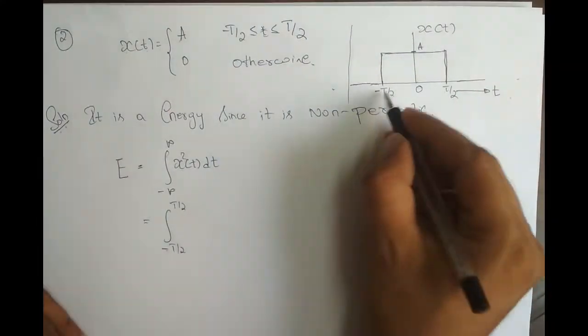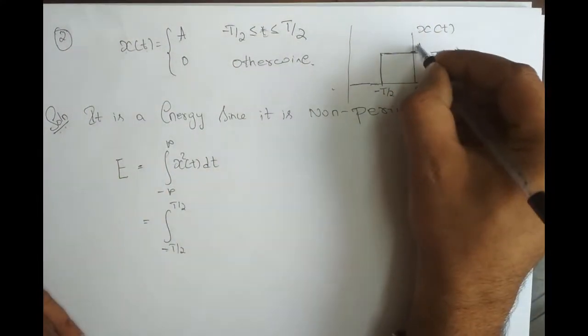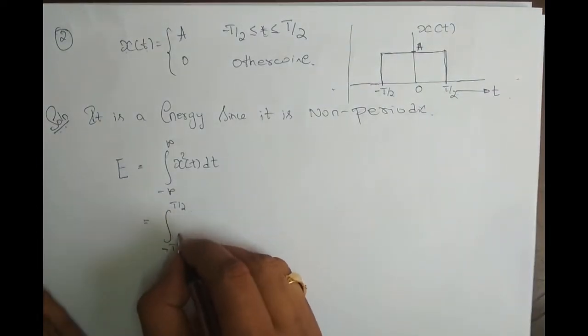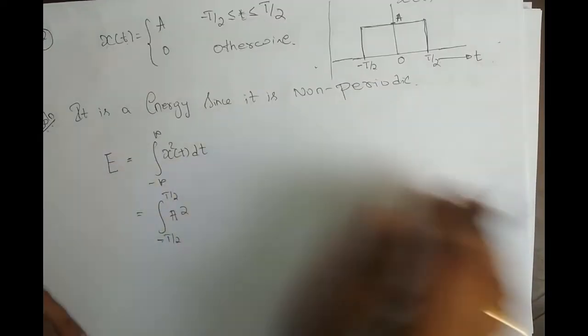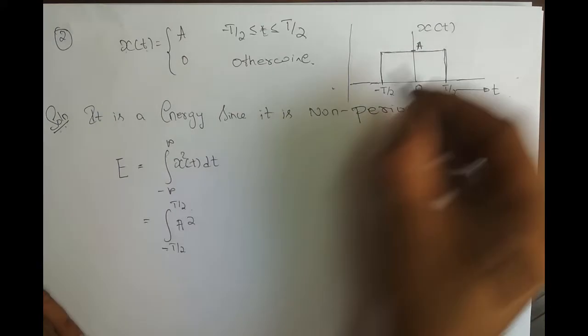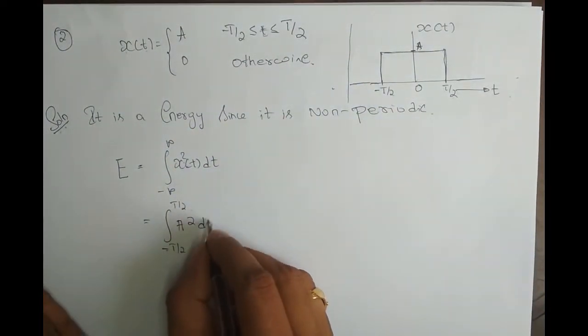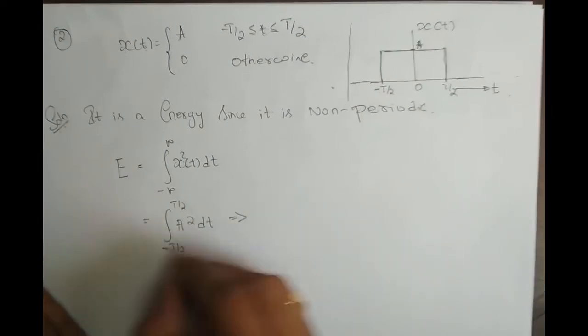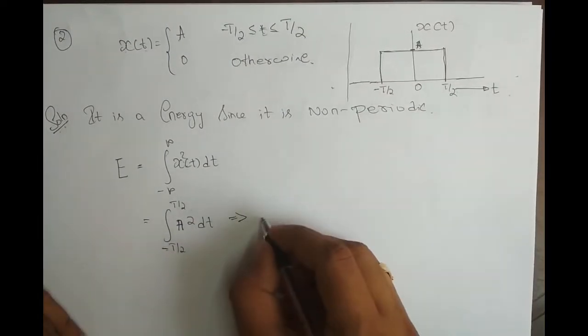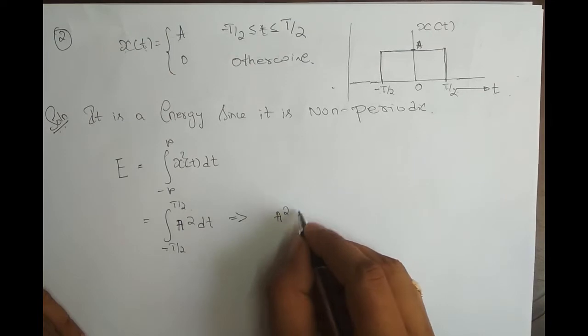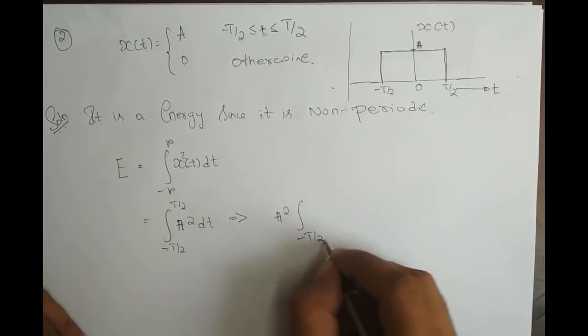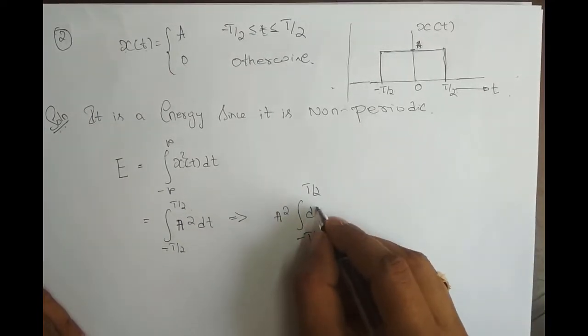What is the amplitude for t varying from minus T by 2 to T by 2? It is a, but I have to square the signal, so it is a square. A is constant, so it's independent of t, so I'll take it outside. A square into integration from minus T by 2 to T by 2 dt, right?